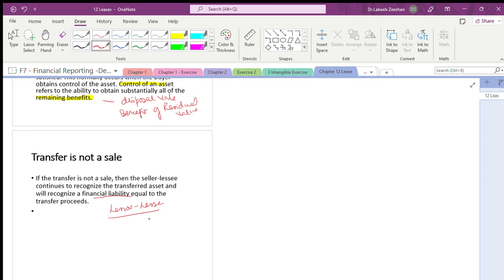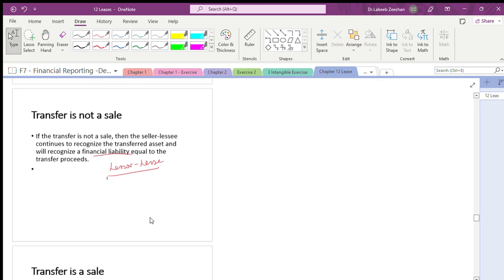When you are selling the product, the transaction is closed from your side. You are no more entitled to ownership. That is the difference between sale and leaseback and only a transfer.